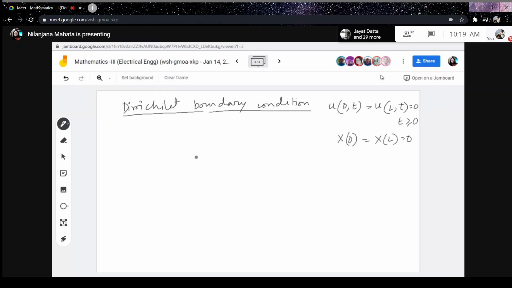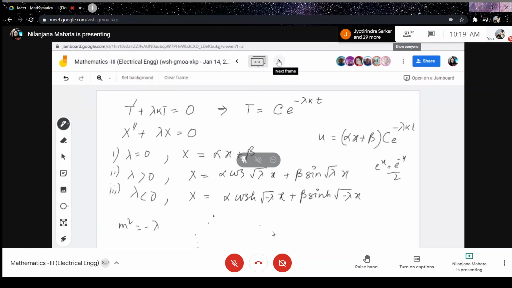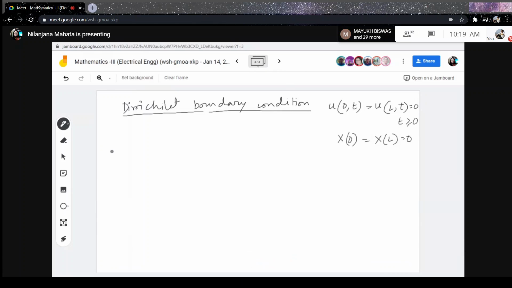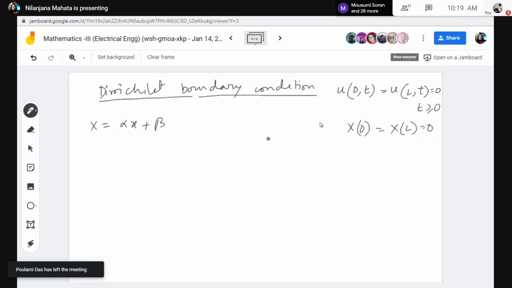So now my first solution is X is alpha x plus beta. Now X(0) is equal to 0 implies beta is equal to 0.